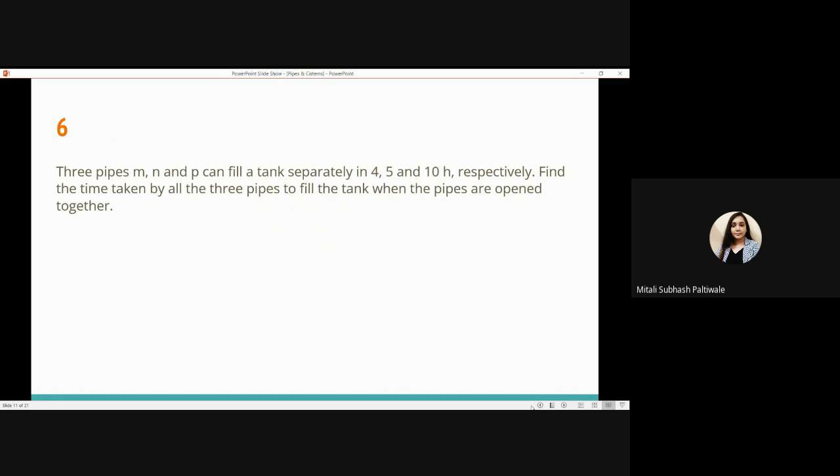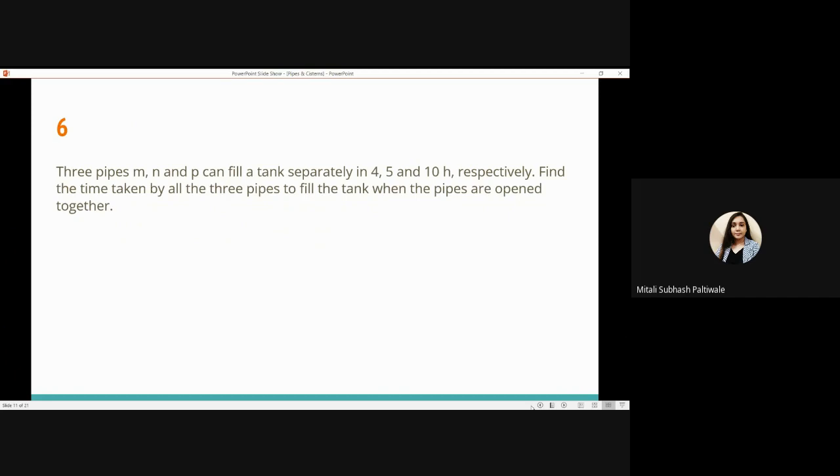So M will take 4 hours, N will take 5 hours, and P will take 10 hours. Now find the time taken by all the three pipes to fill the tank when the pipes are opened together.